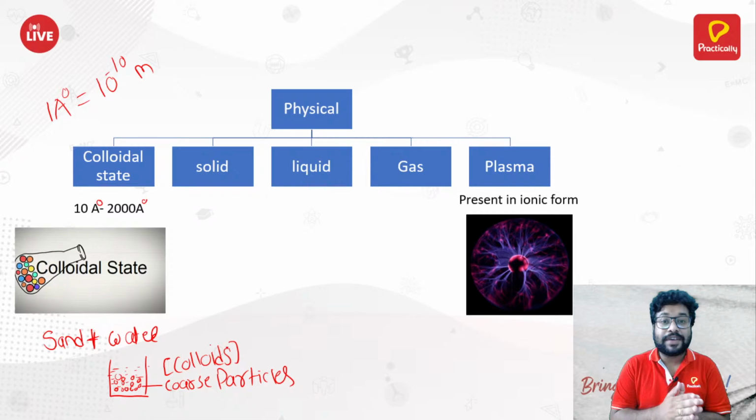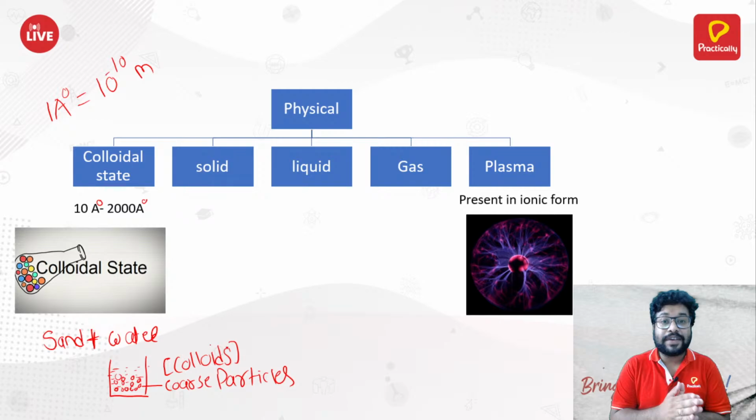In that extreme condition, there exists a form which is ionic, and that is called plasma. The plasma form is characterized by the emission of a strong, beautiful light.